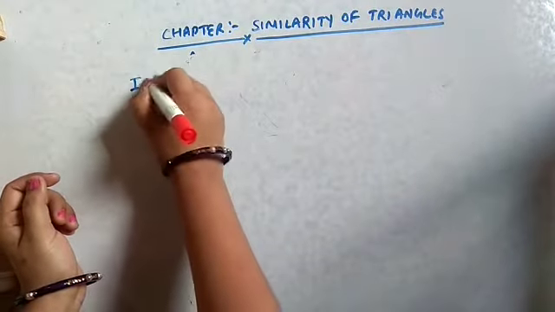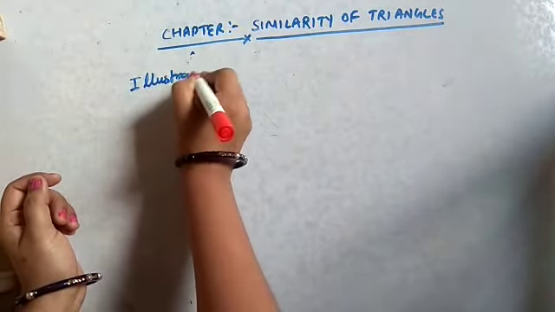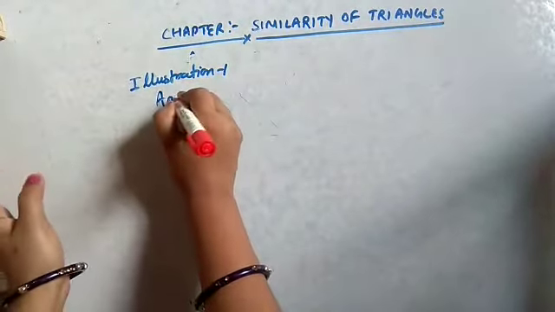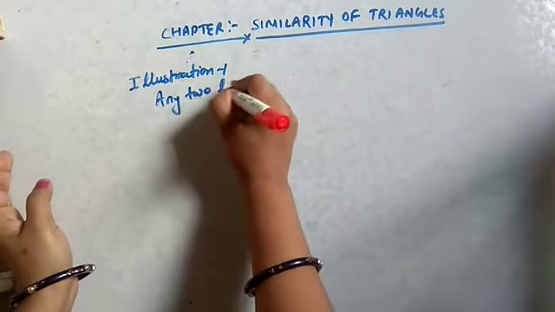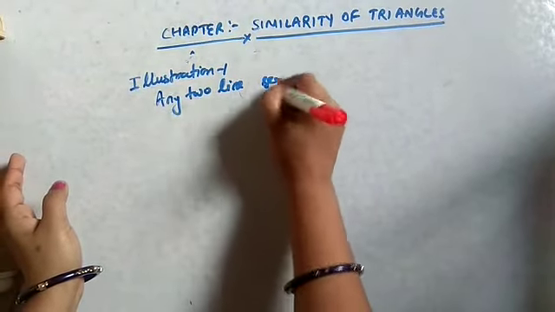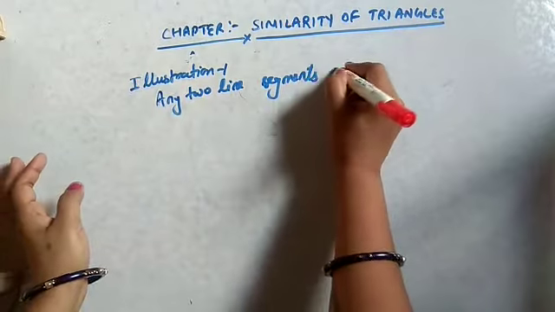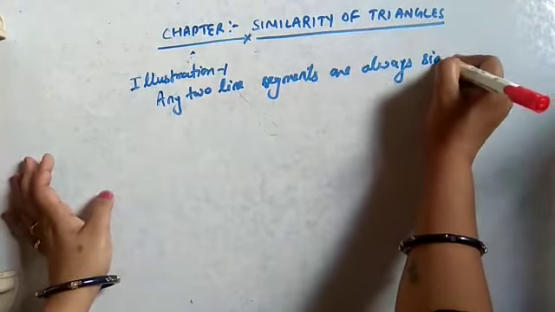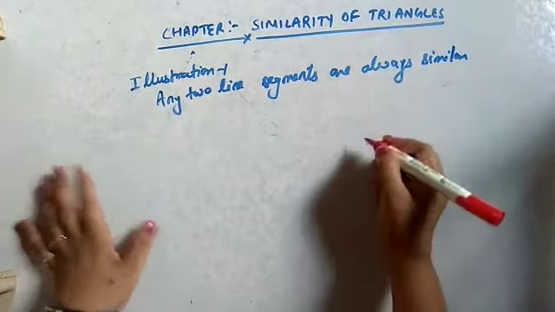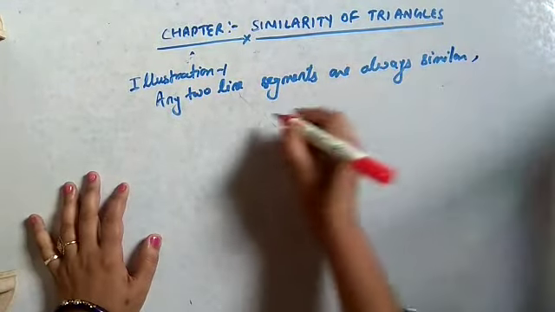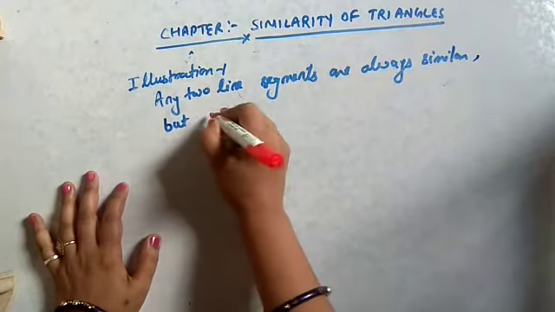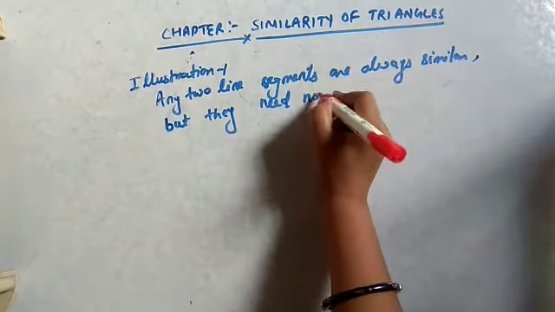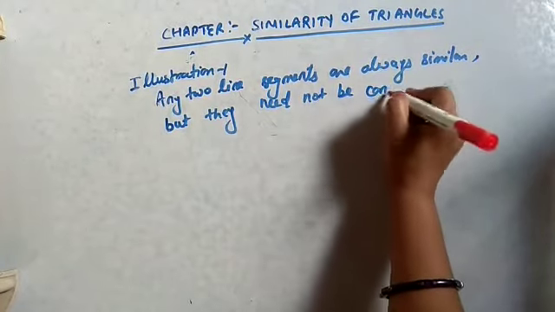So first illustration, if we talk about two lines. Illustration 1: Any two line segments are always similar, but they need not be congruent.